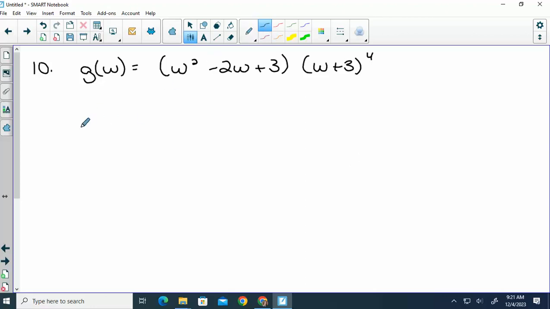So when we do this product rule, derivative of the first, so when I carry that down, we have 2w minus 2. And then don't forget to bring down the second. Plus the first.